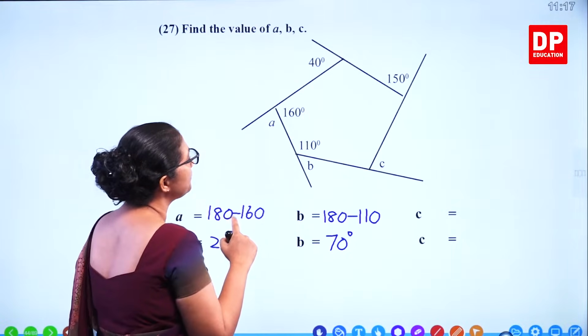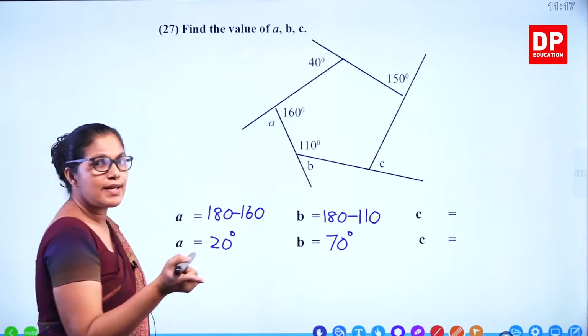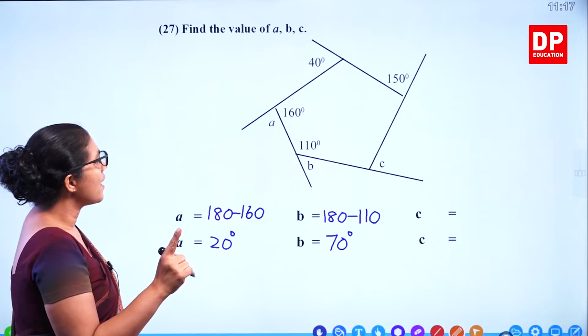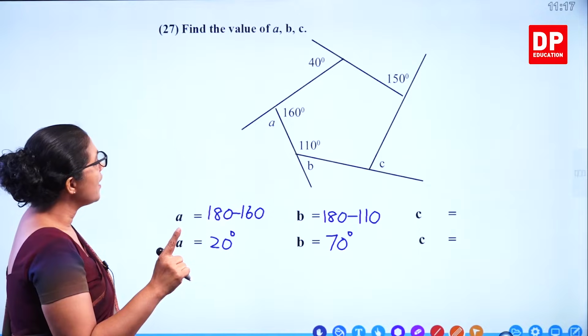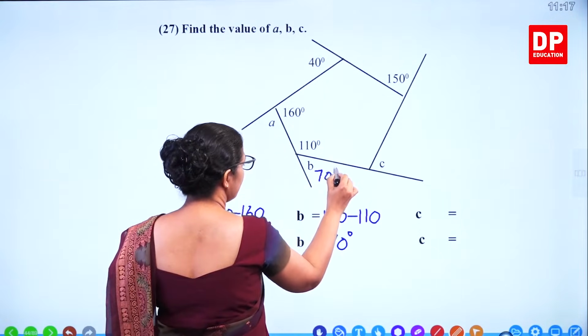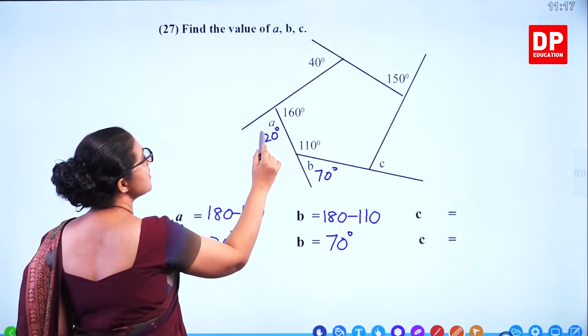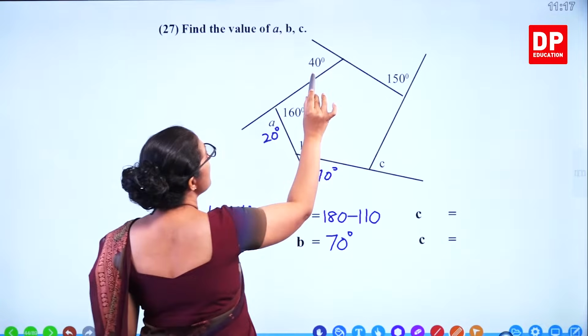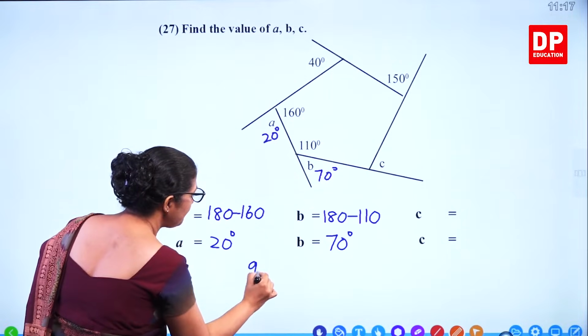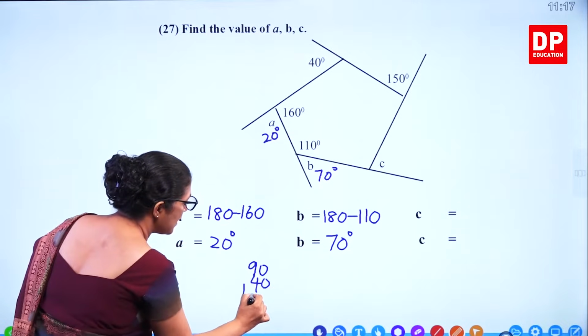Now how do we find C? We know that the angle sum of all these is 360, so you can subtract. This is 70, this is 20, that's 90. 90 plus 40 and 150.